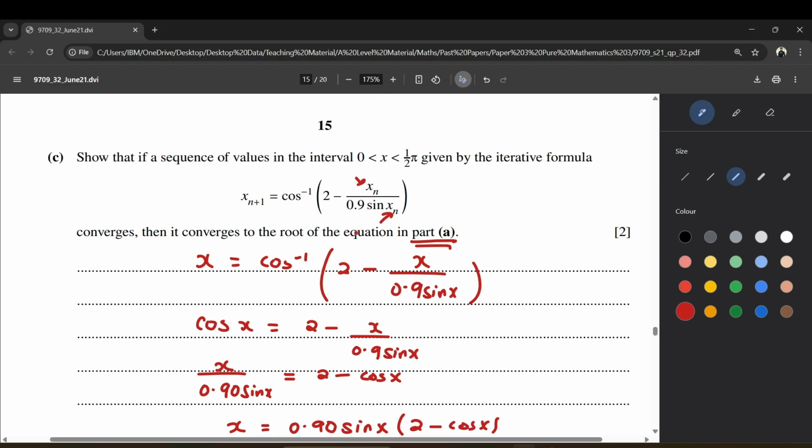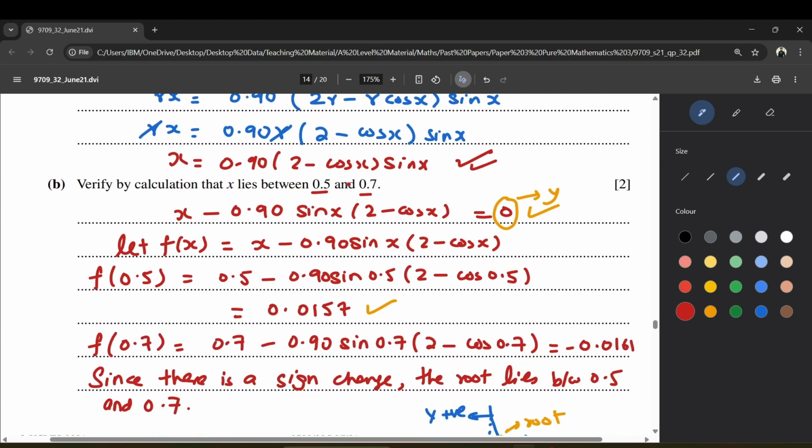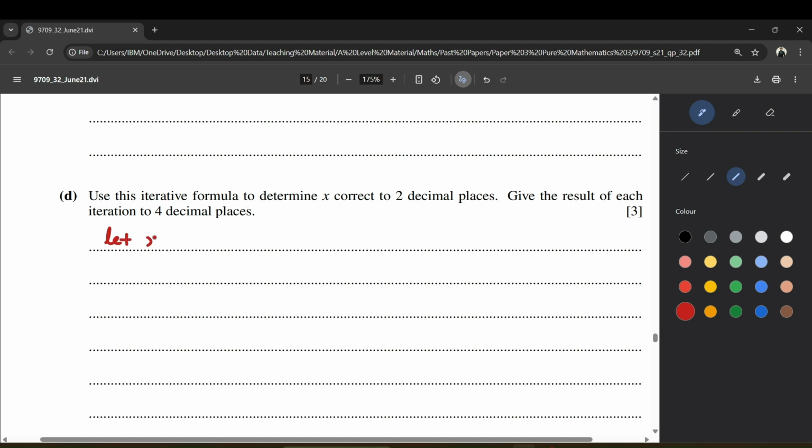The ideal value is the one at the center of these two values. Between 0.5 and 0.7, we have 0.6, so 0.6 can be my starting value. Let x1 is equal to 0.6.